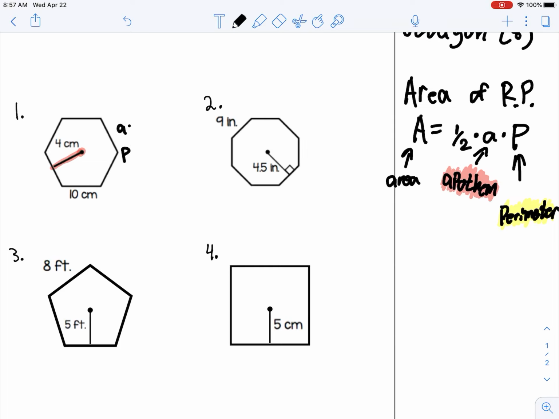So my apothem is equal to 4, and my perimeter is not equal to 10. That's just the length of one of these sides. We said that all the sides of a regular polygon have the same distance, so I know the rest of these sides are 10.